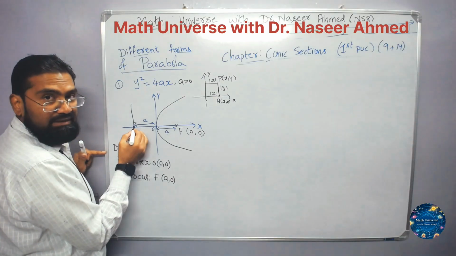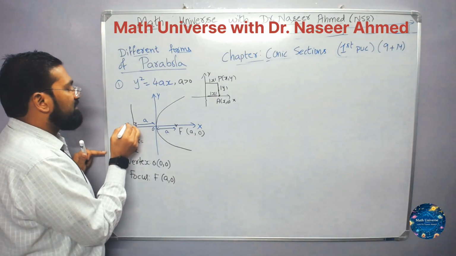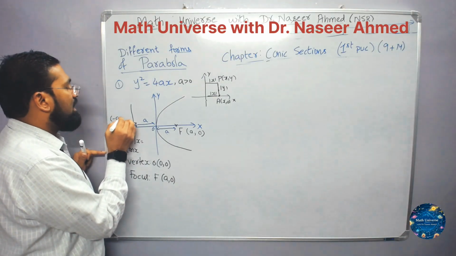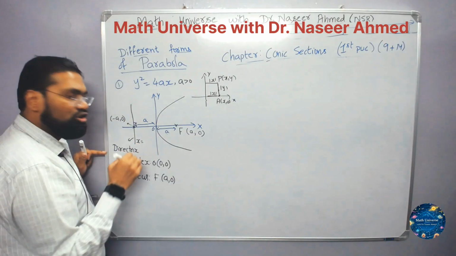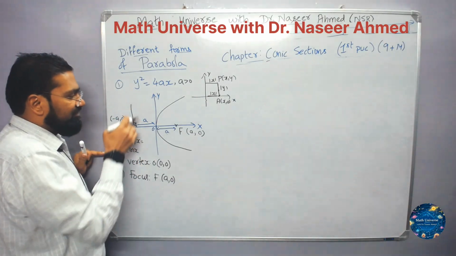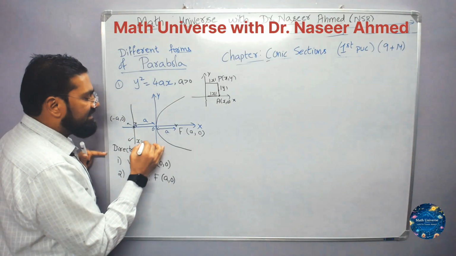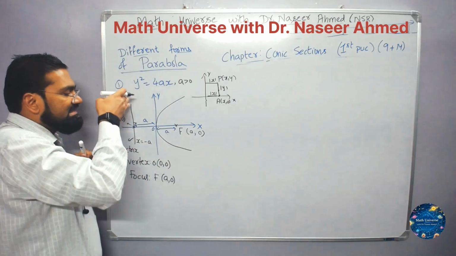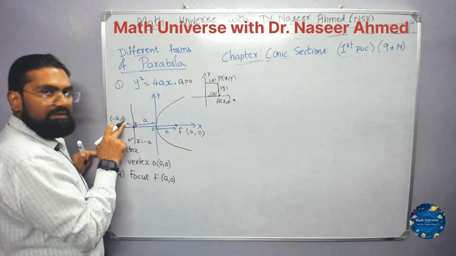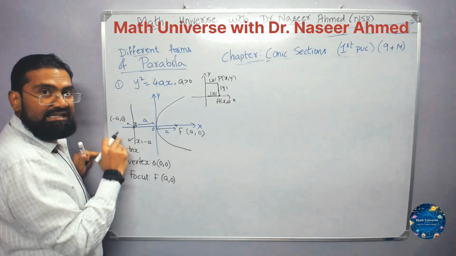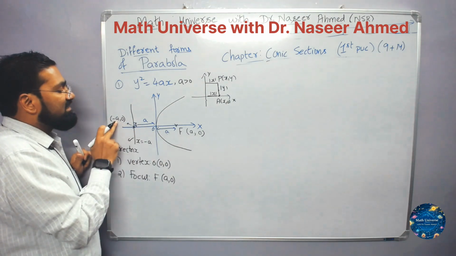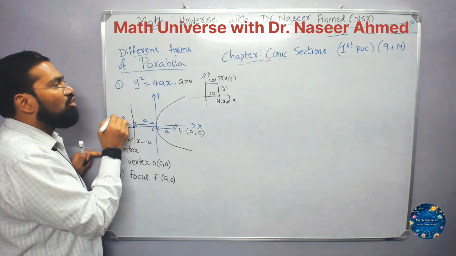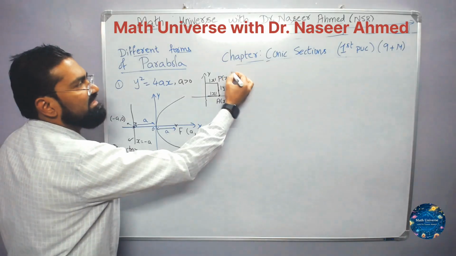And this is in the negative part of the x axis. So this point will be minus a comma 0. Due to which, the equation of the line will be x is equal to minus a, because this line is passing through minus a comma 0. Vertical line means x is equal to constant and that constant is minus a. Don't forget, always the point contains first x then y.